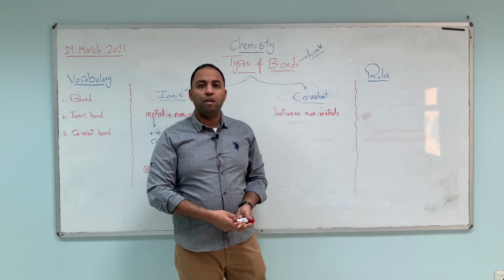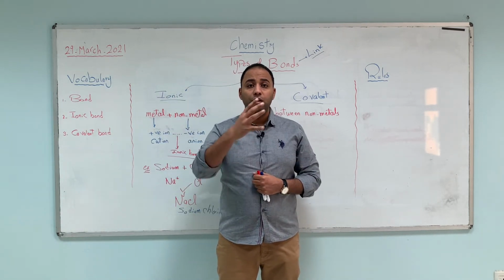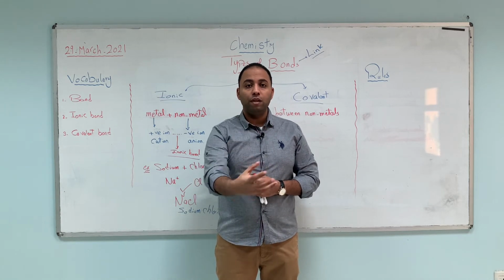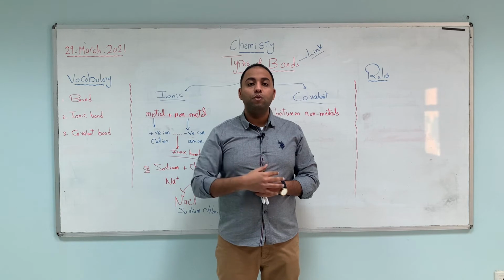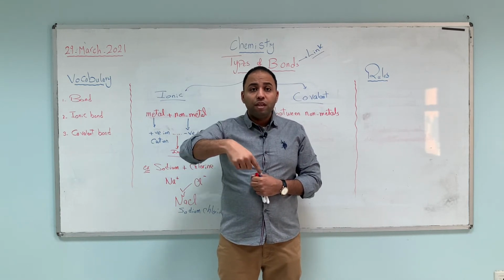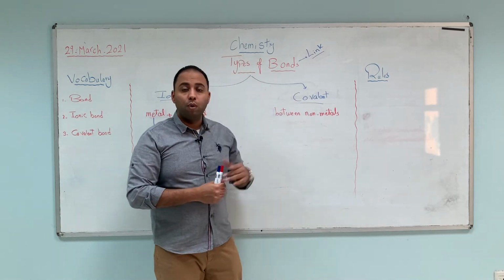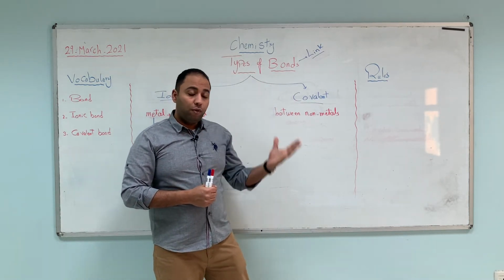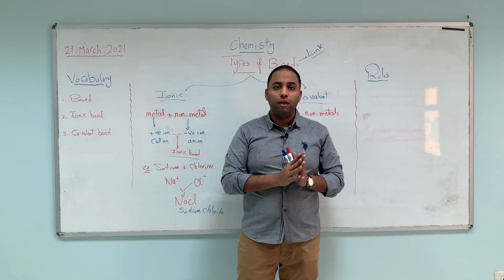How can electrons be shared? Me and you, I would consider non-metal, you non-metal. I would share one electron, and you would share the same number of electrons. So now we have two shared electrons. What is the name of these shared electrons as a bond? It is called the covalent bond. So the covalent bond is formed due to sharing of electrons.